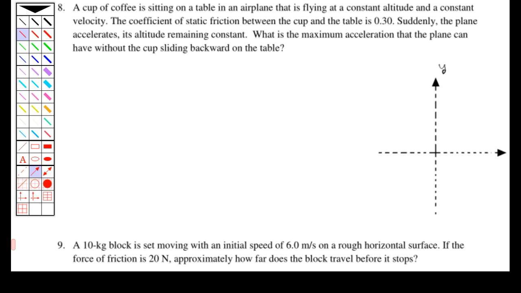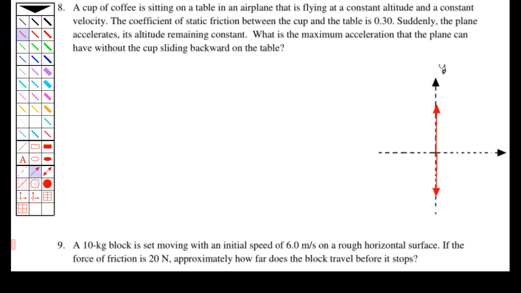If the cup is at the center of this axis on the right, then we can write down all the forces. First of all, there's the weight of the cup, which is downwards, and then the normal force, which is upwards, because the cup is in contact with a surface. We're going to assume that the acceleration is to the left, in the negative x direction.